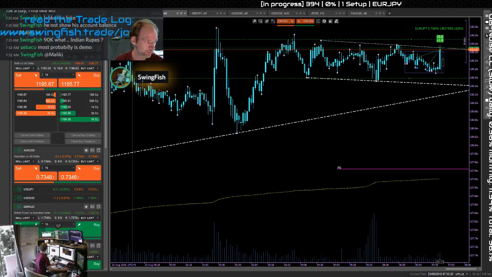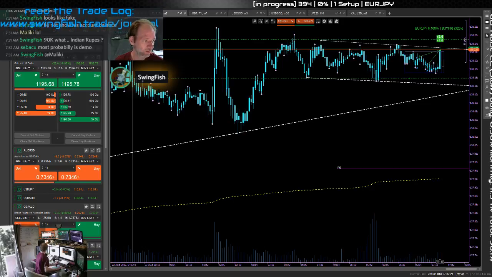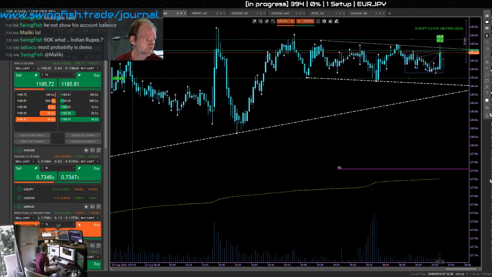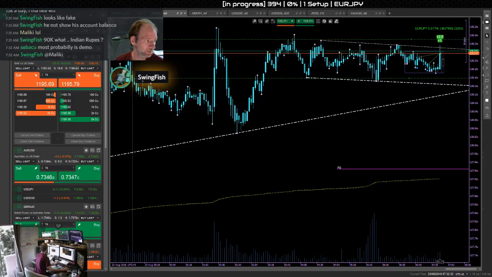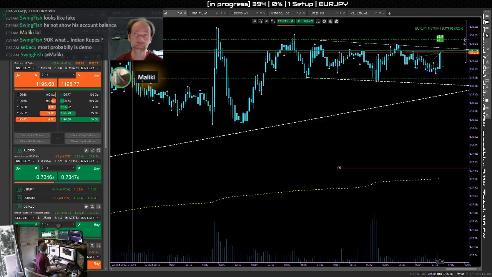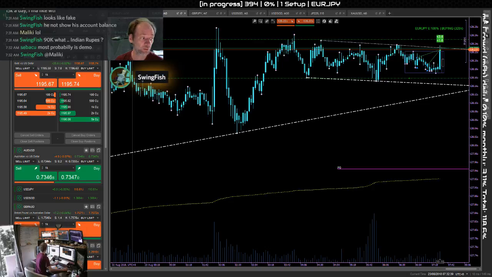You see 0.9 pips to go green. The first position, you see that? It's 0.8 and net is already 27 cents. Yeah, nice. But this is including commissions.